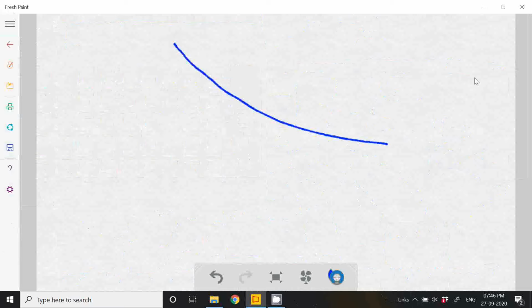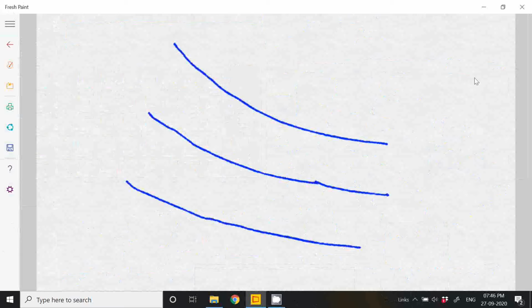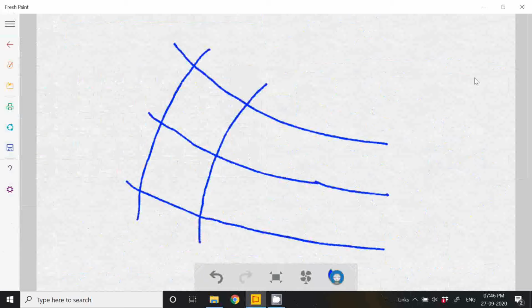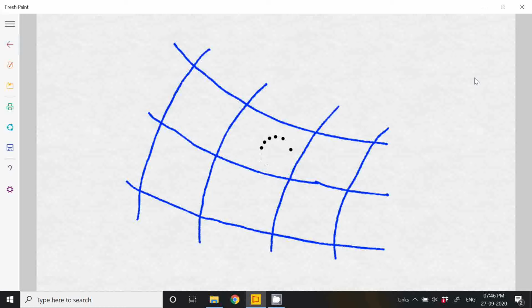I'm just drawing it in a bigger way. If you can relate it, just see the previous diagram.